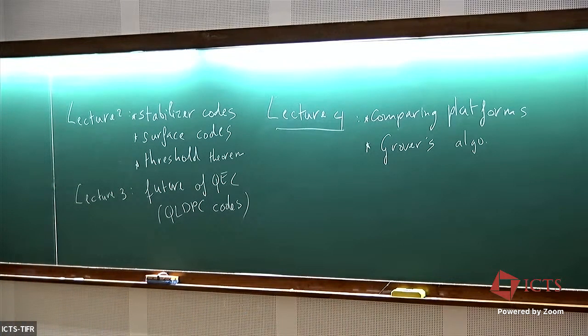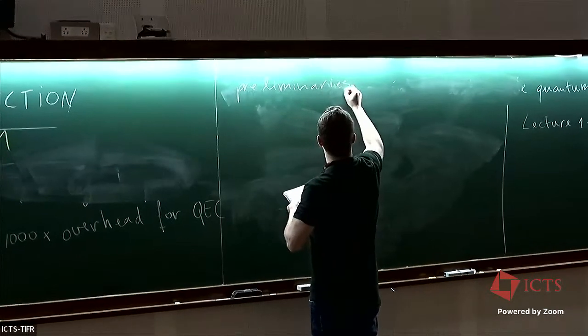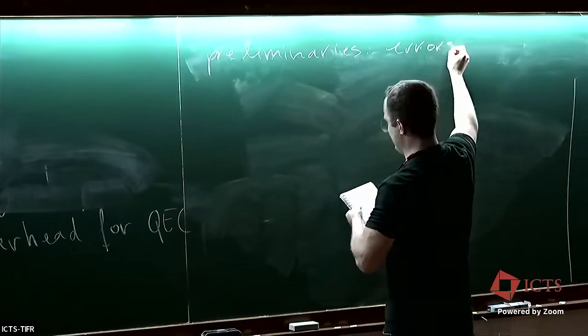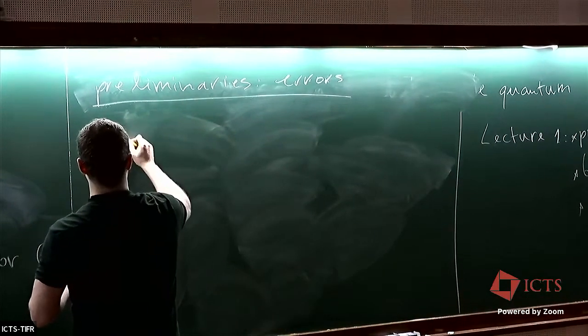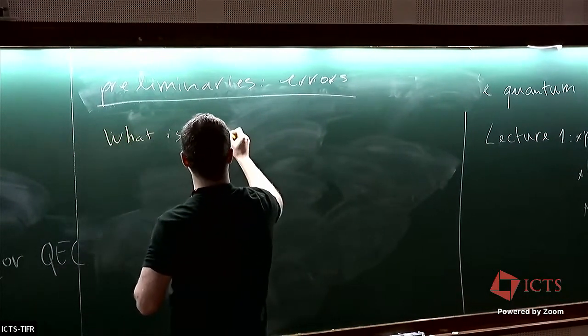Let's start with some preliminaries. Before we start correcting errors, we first have to understand errors. Prabha gave a nice introduction about this, so I won't talk about it too much, but I still think it's important. Understanding errors. And usually when we talk about errors, we talk about decoherence. So what is decoherence?